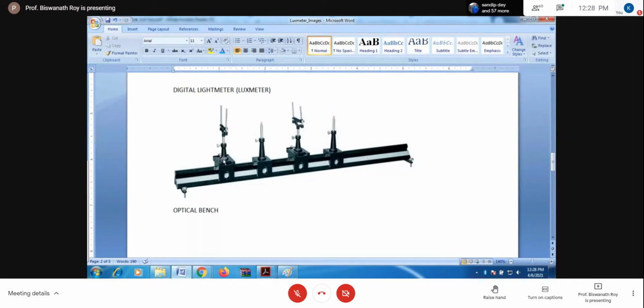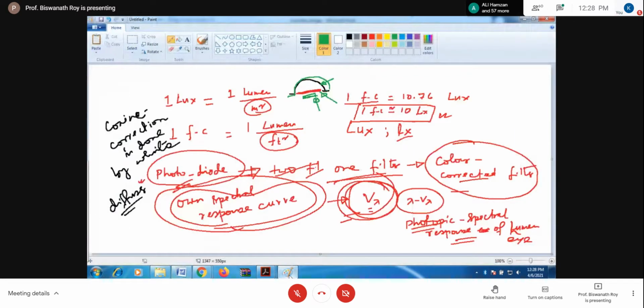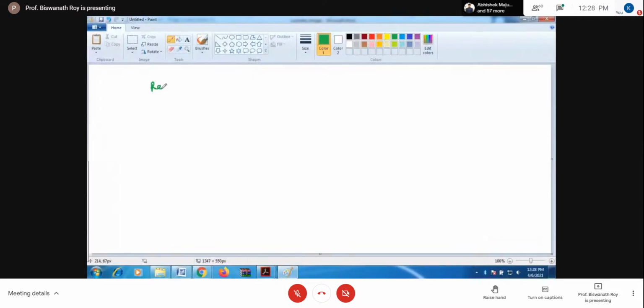So what is the procedure we adopt here? Suppose we calibrate a lux meter over the range of 0 to 100 lux, right? Because calibration is to be done over a range 0 to 100 lux.